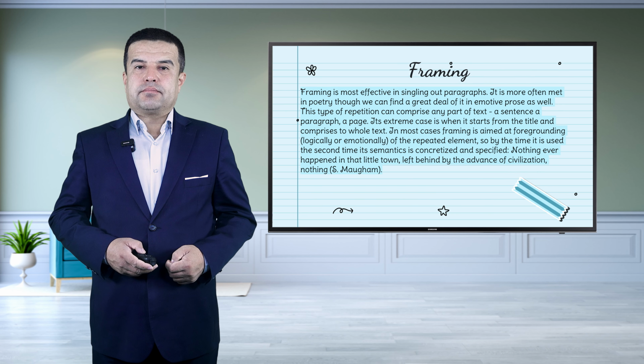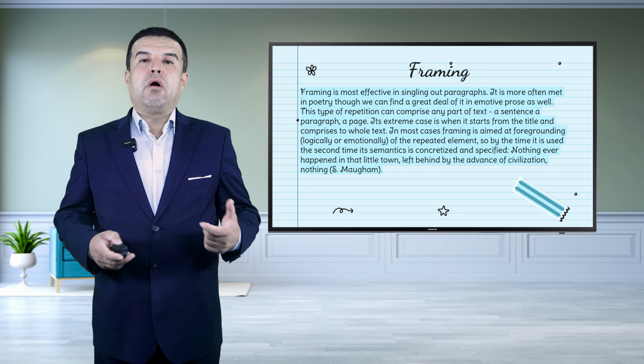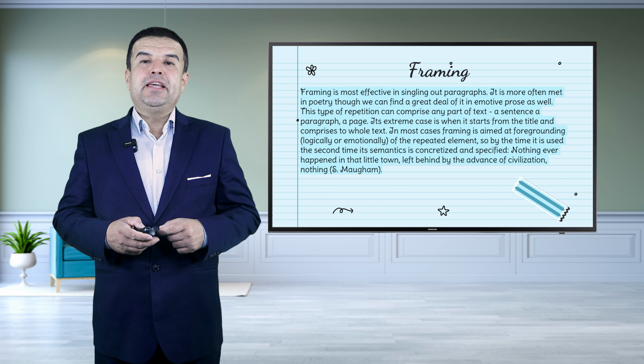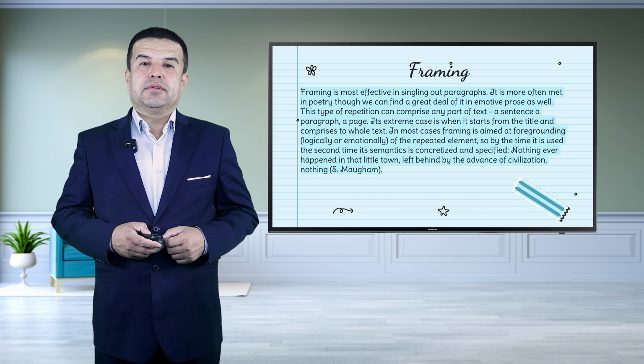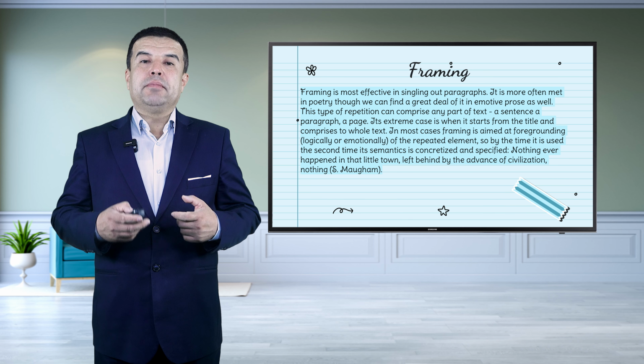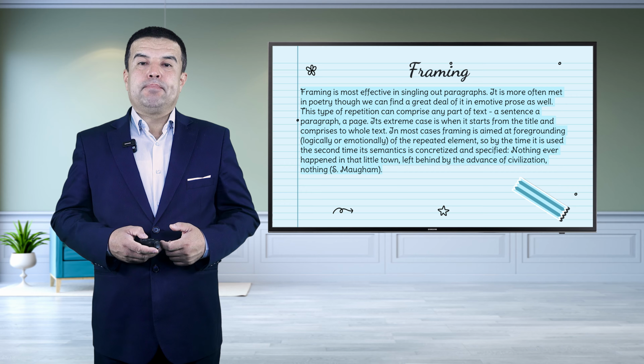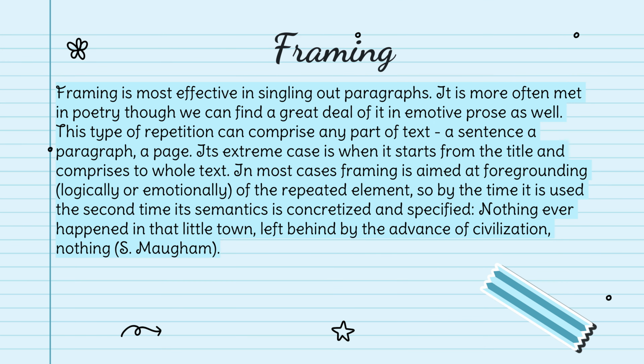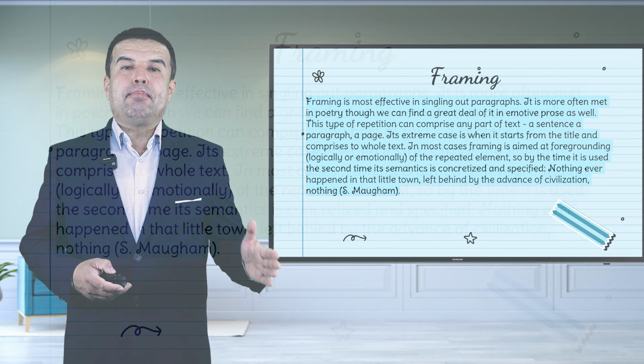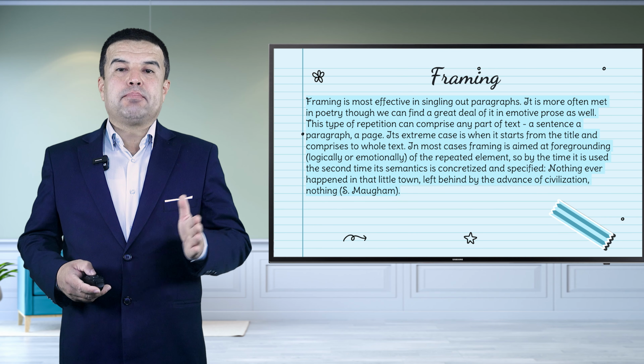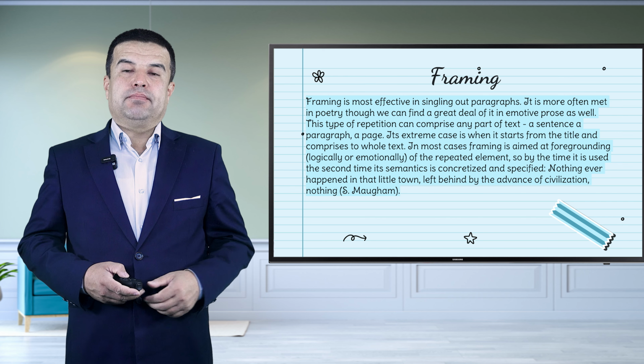Framing. Framing is the most effective way of singling out paragraphs. It's more often needed in poetry, though we can find a great deal of emotive prose as well. This type of repetition can comprise any part of the text: a sentence, a paragraph, a page.